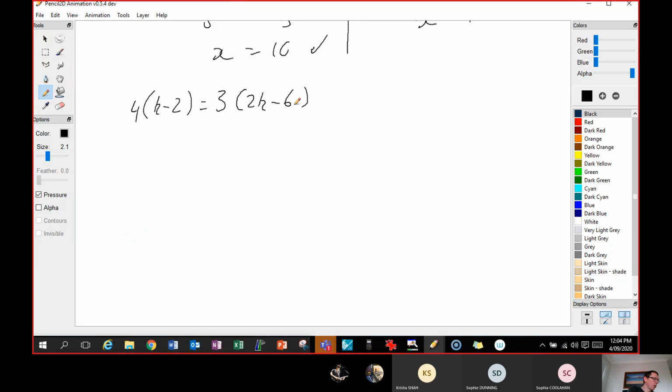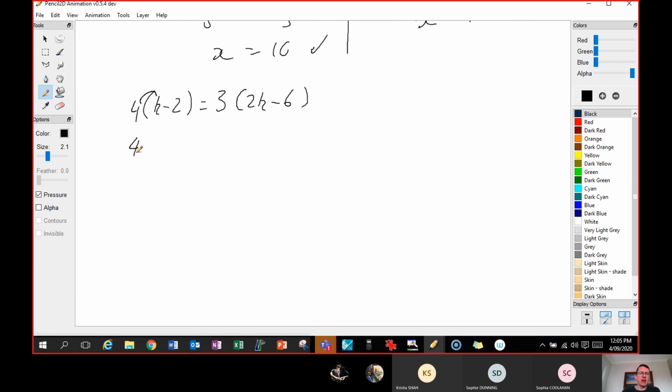Well, can we divide by 4 on both sides? If we do that, we're going to end up with 3/4 on this side. If we divide by 3, we'll end up with 1 here, but we're going to end up with 4/3 on this side. So I probably wouldn't divide. Let's expand then. So this would be a case where I would expand.